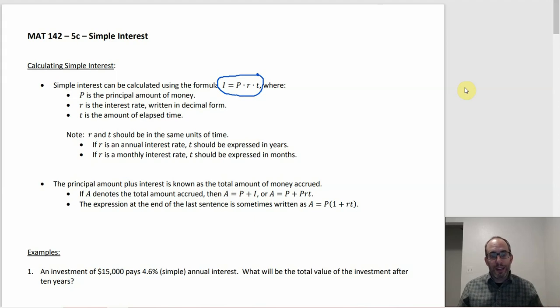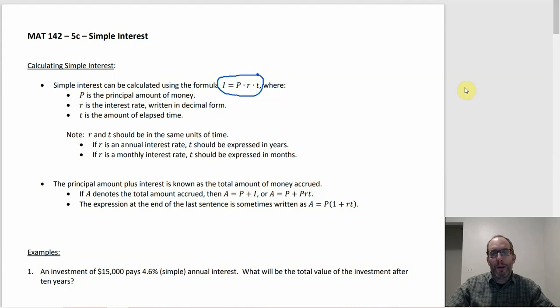So if the rate is an annual rate, then when you're doing that multiplication to get the units to work out correctly, you want the time to be in years. And if the rate is a monthly interest rate, then you want the time in months, right? So that way, if the units are consistent, then you'll end up where you're supposed to with the amount of interest.